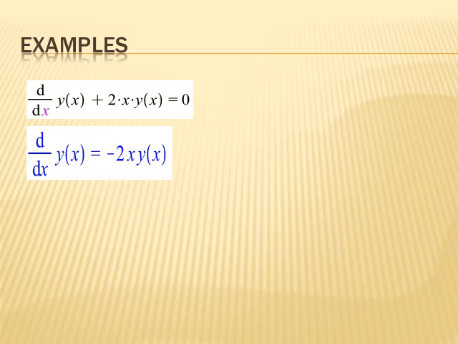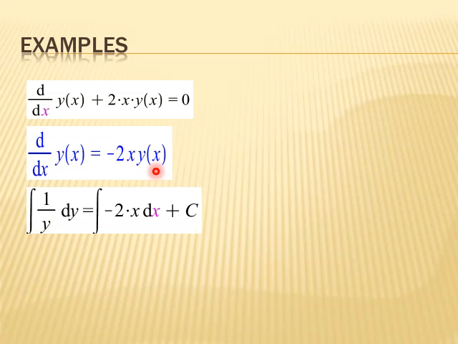So let's start with this differential equation. To represent it in the form of a separable, I'll write it this way, and you can definitely see I have a separate function in x and a separate function in y. So I'll move the y's over to this side and leave the dy with it, move the dx over to the right-hand side and integrate both sides.